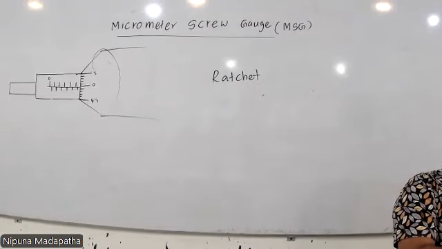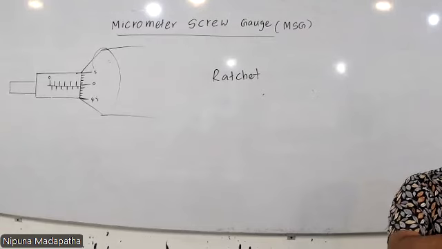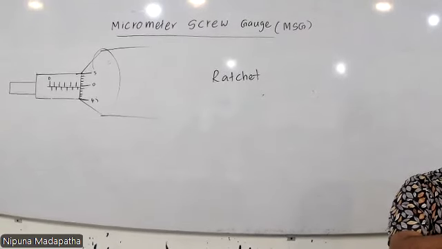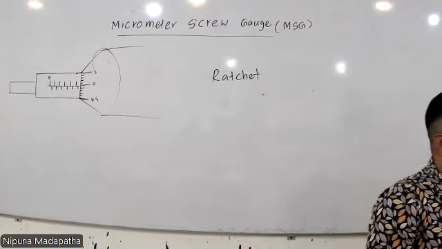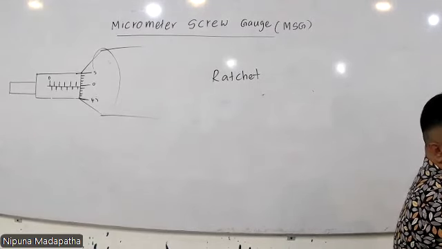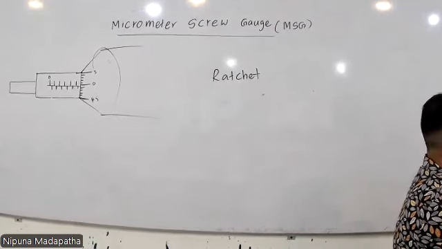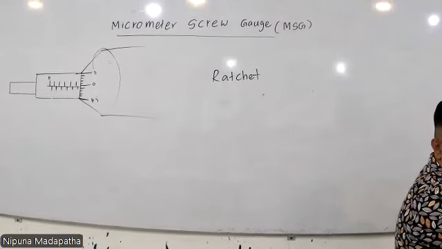Then you need to bring the spindle until it properly touches. So what if I use the thimble to trap this? I can trap it as much as I can.